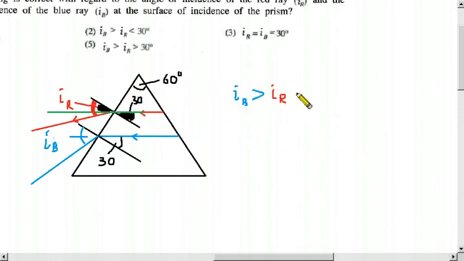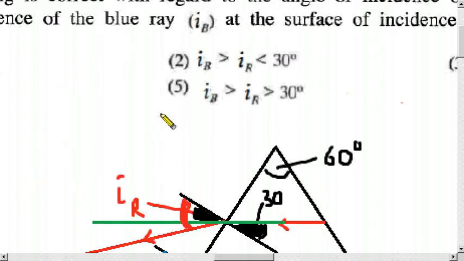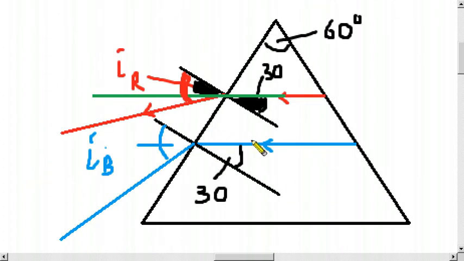So we can write here now not only I of R, even blue. Blue is greater than red. So if the angle of red is greater than 30, the blue one is also greater than 30. Let us discuss the blue one again. If I extend the line like this, the blue one was coming this way, so this angle was 30.